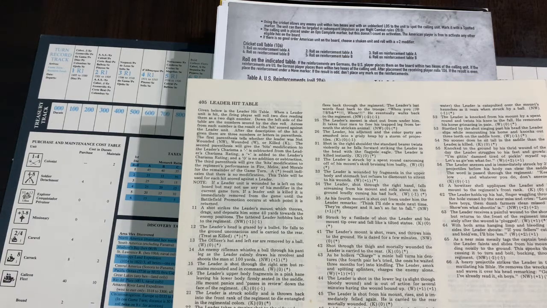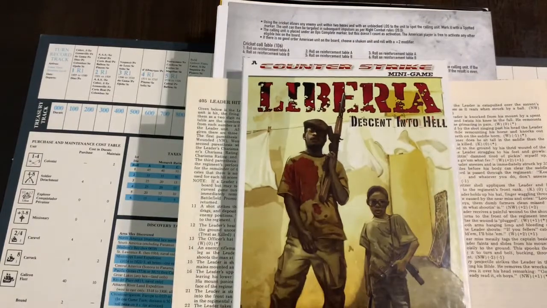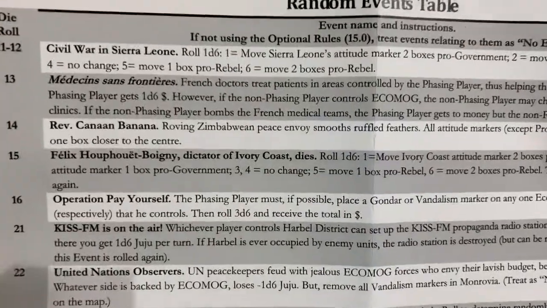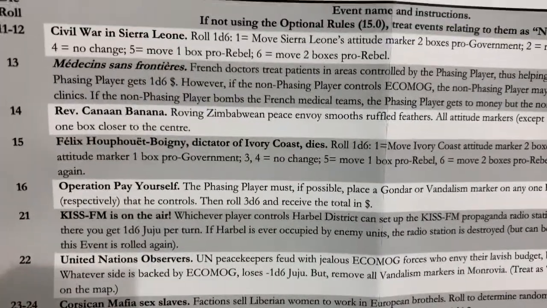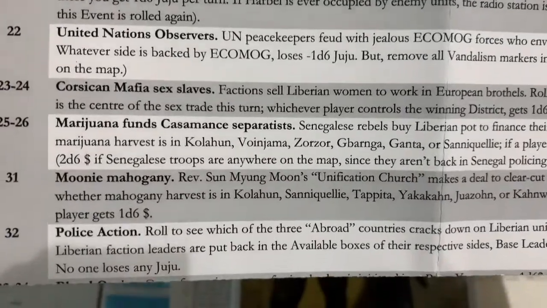An example of one that's relatively unique is from Liberia, Descent into Hell. You've got this random event table, which is so big I can't even get it on the screen. It's bigger than the map, okay? This is a huge random event table, and this is getting into some very strange events. I'm not going to read all of them here because they might not be suitable for all audiences.